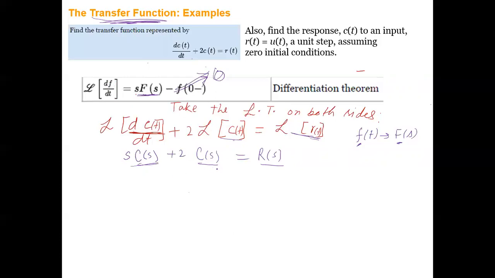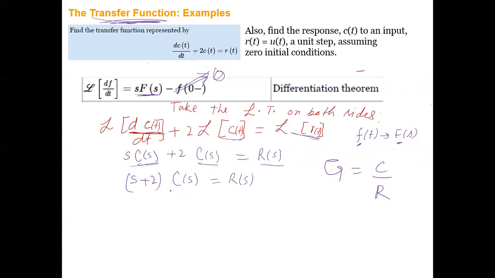Now let's define the transfer function G, which is C over R. That's the definition of the transfer function. So let's collect C here. Factor out C: (s plus 2) C(s) equals R(s).